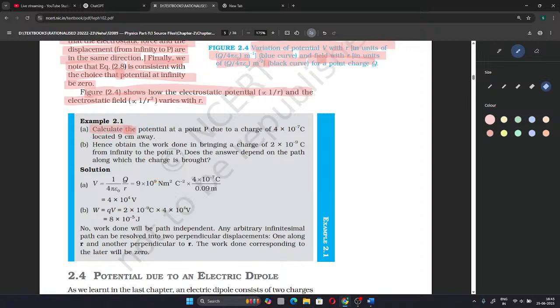Here is a basic problem using formula 2.8, V equals kQ by r, but we should convert this 9 centimeter into meter because that is the SI unit.